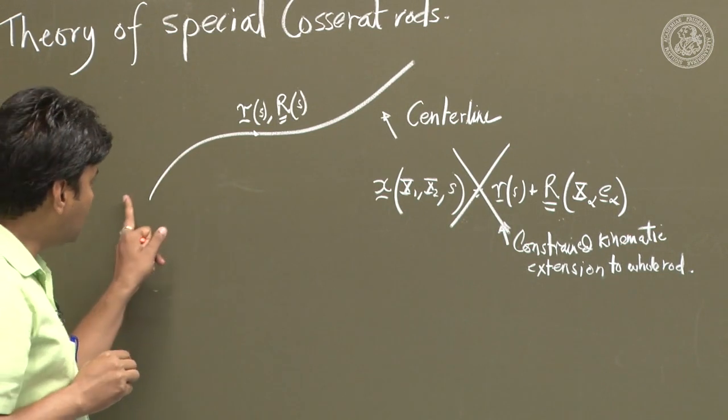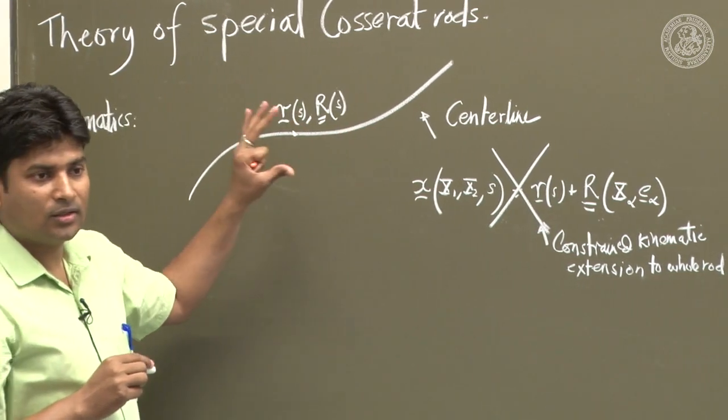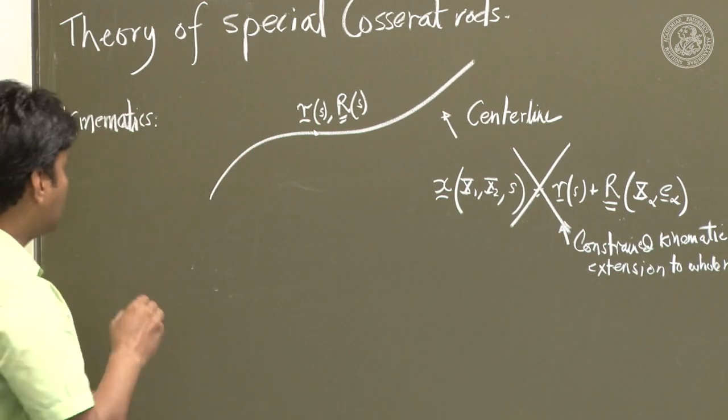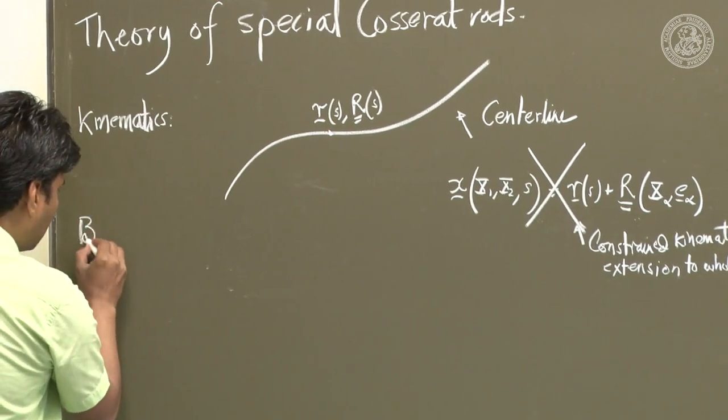So again, we started with the little r, capital R kinematics, then we obtained balance laws.